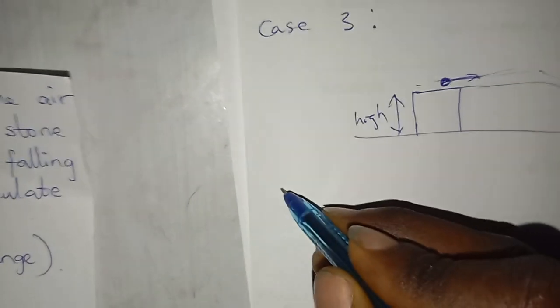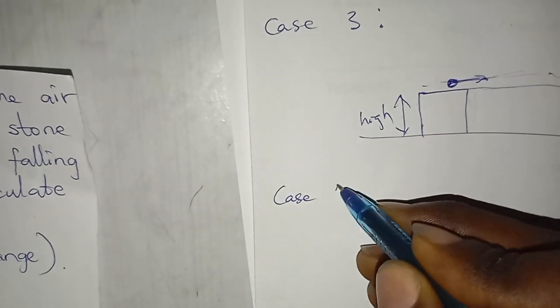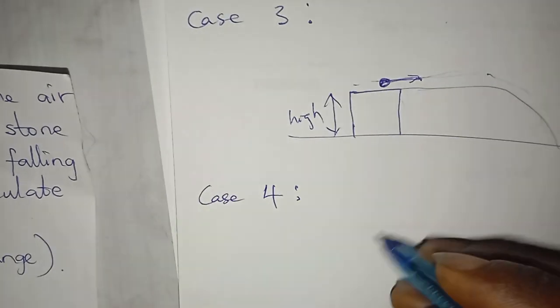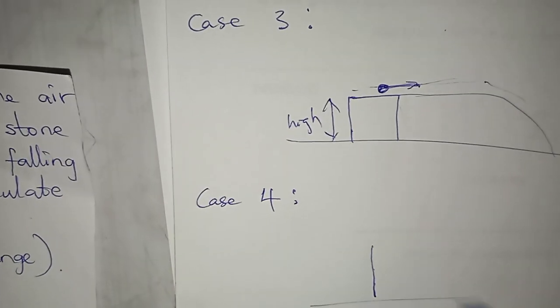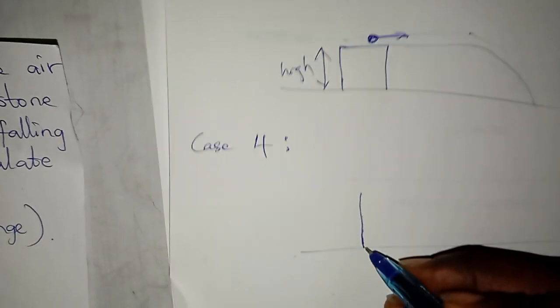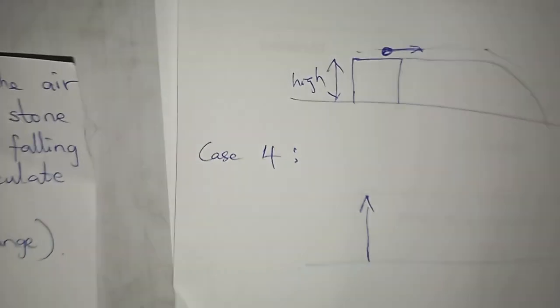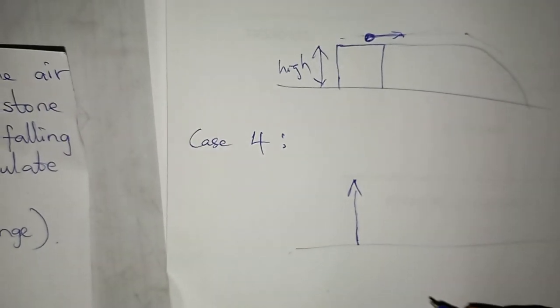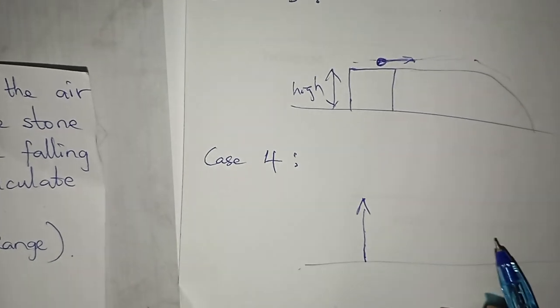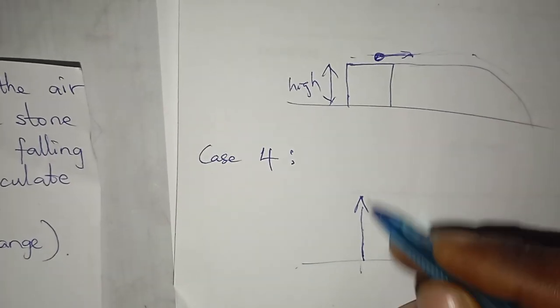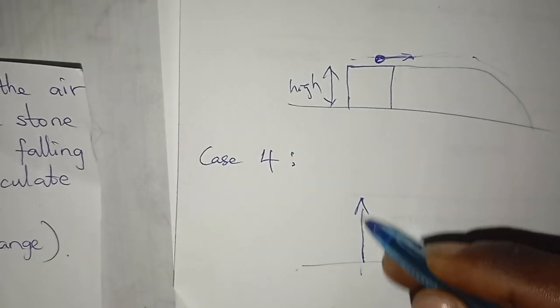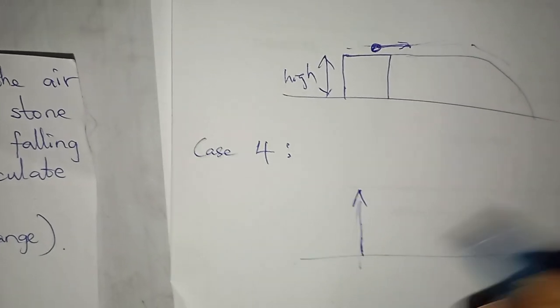Now case 4 is when they tell you that a body, this is the plane of horizontal, is thrown up vertically. If a ball is thrown up vertically, it will come down. This is case 4.